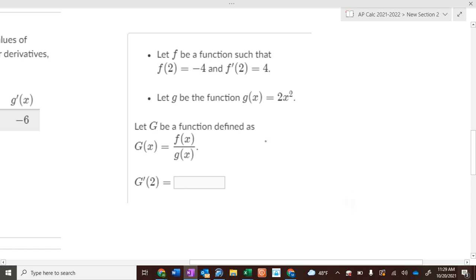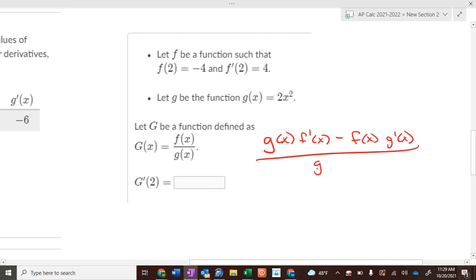Okay? So again, this is g of x, f prime of x, minus f of x, g prime of x, all over g of x squared. What is g of x? 2x squared, and then when we put the number in, it's 2 times 2 squared, right?